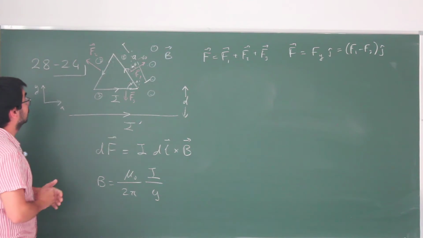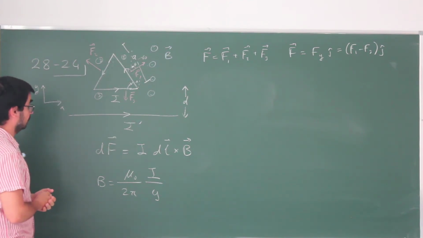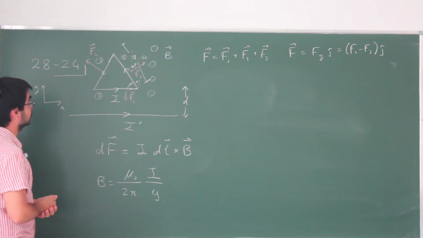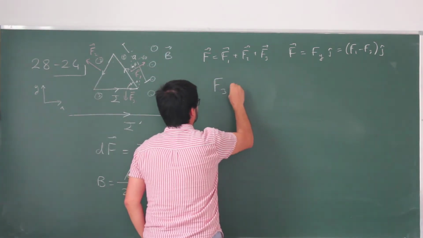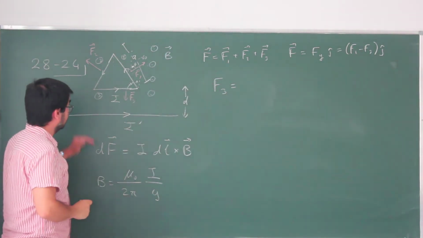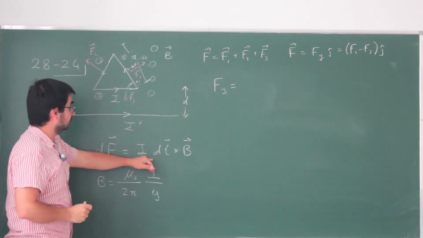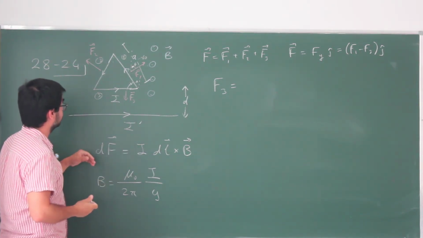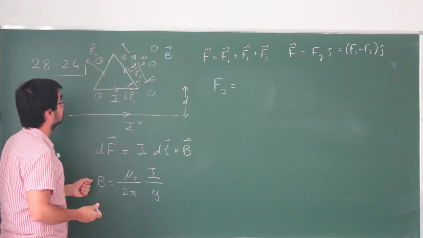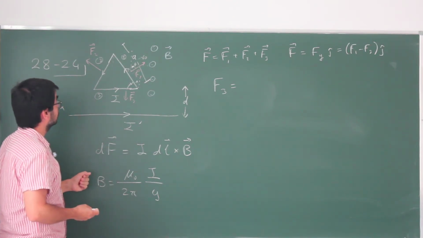Whereas for F1, we are going to need to calculate something that depends on our position. Okay. So F3, as I said, is easier to calculate. If I write this down and if I integrate, this is all in the same direction. Everything is just the same. The magnitude of the force is the same. So I can just turn this into a simple length.